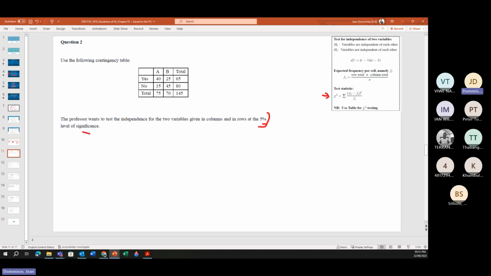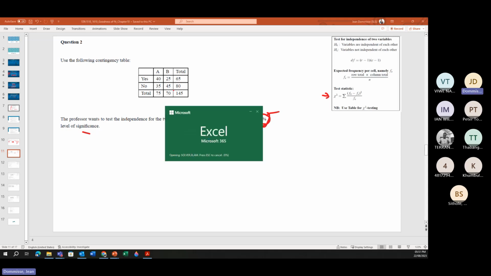Then I'm going to show you how we look for the critical value with 5%, and then we will make a decision again, like in the hypothesis testing that we did in study unit 9. If the test statistic is bigger than the critical value, we'll reject, otherwise accept. So let's do that, but definitely we do this in Excel.